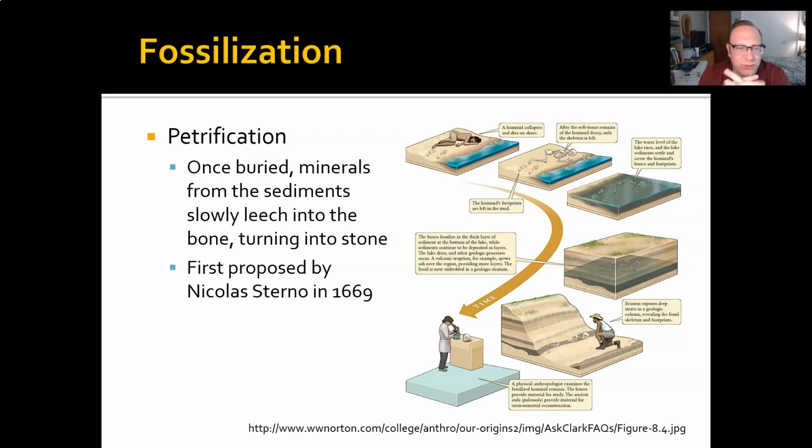Interestingly, this process was first proposed back in 1669 by Nicholas Steno. Which is amazing because it doesn't seem like an intuitive thing, right? That something could turn to stone by leaching minerals from the soil.